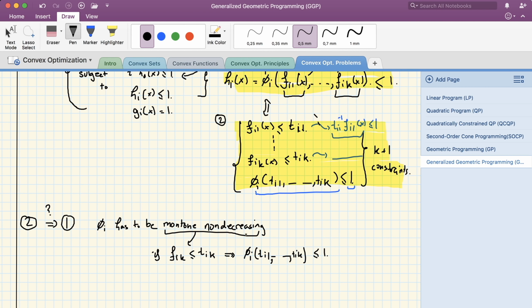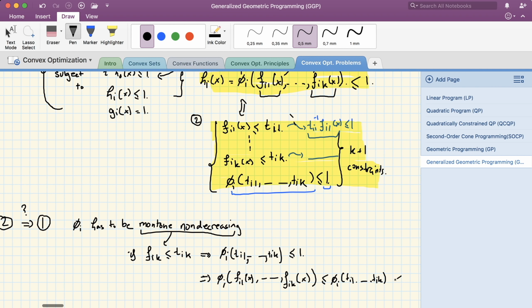Now, the definition will imply that the lower arguments, f_i1(x) down to f_ik(x), since those arguments are lower, then this function cannot exceed the original t_i1 down to t_ik, which is in turn less than 1. And there you have it. 1 is proved, using this, less than this.